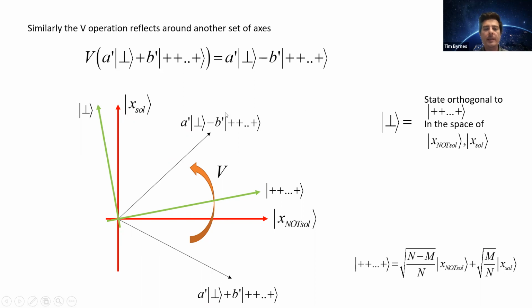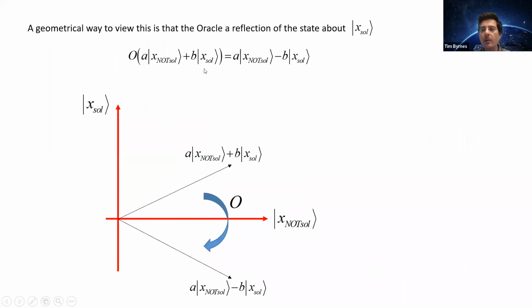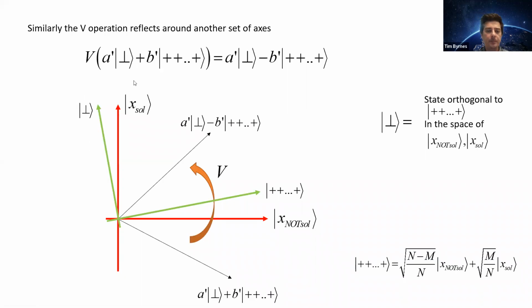I think this is a much clearer way to explain it: the action of the V operator is just to reflect around this plus state. I hope you can see that the V operator and the O operator are very, very similar types of things.